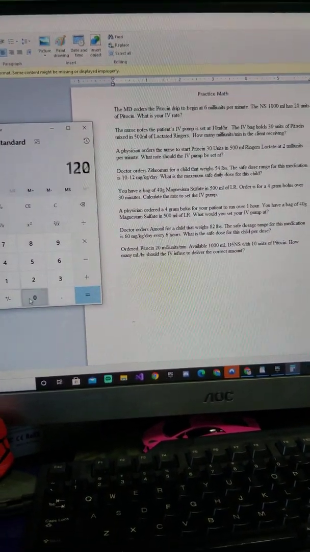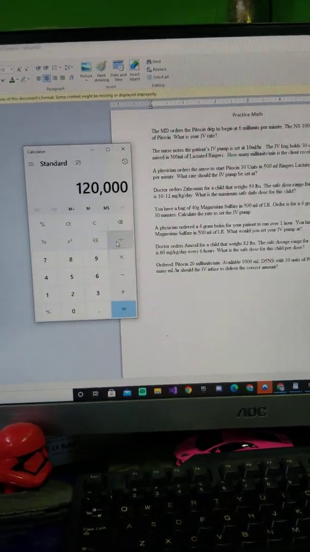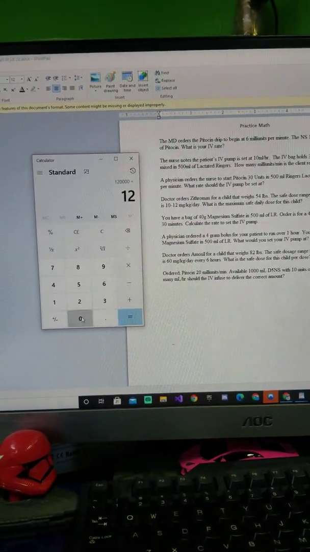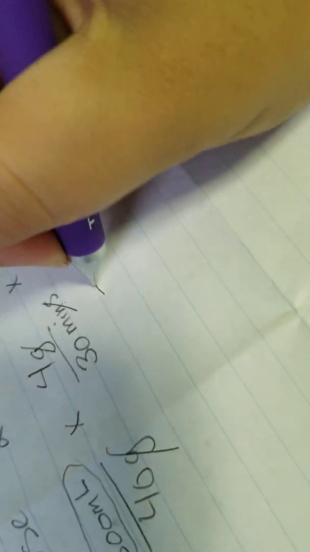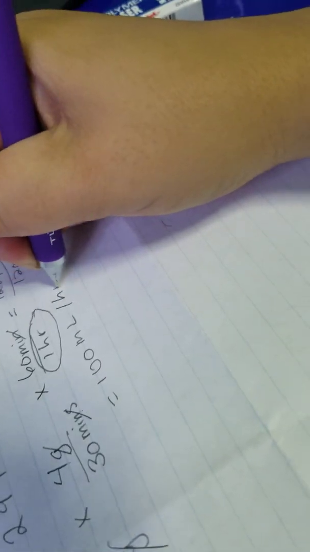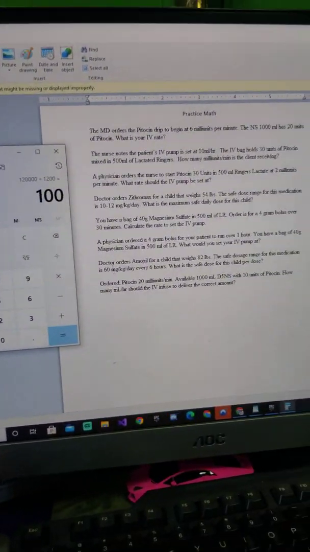So take your 120,000 by 1,200, and you got 100 milliliters per hour. Right answer. Let's see what other ones we got.